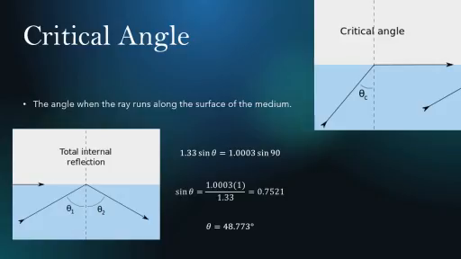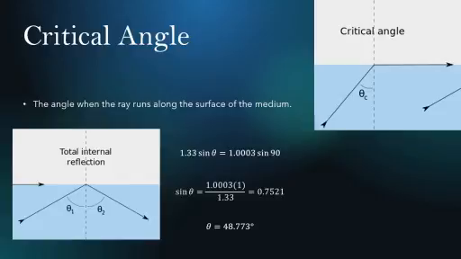Okay, so your critical angle, which we mentioned, is when you have an angle that runs into it and then it ends up going parallel along the medium. So to find what that angle is, in this example from water to air, we would just use Snell's law again. Okay, so it's the medium of the incident, which is 1.33.